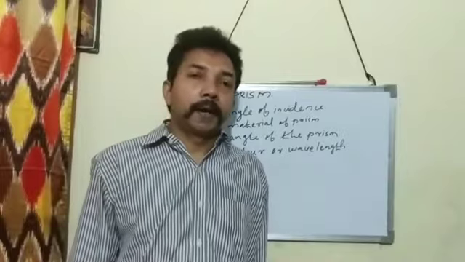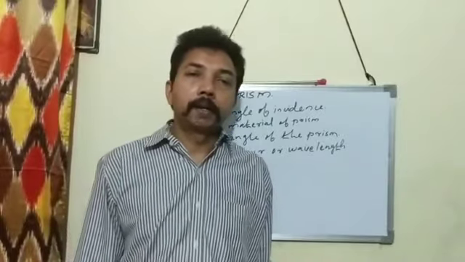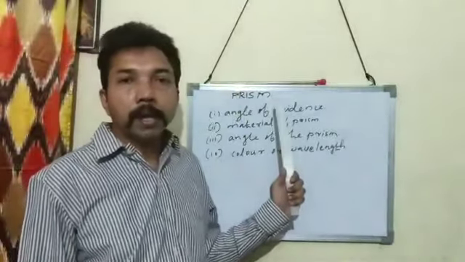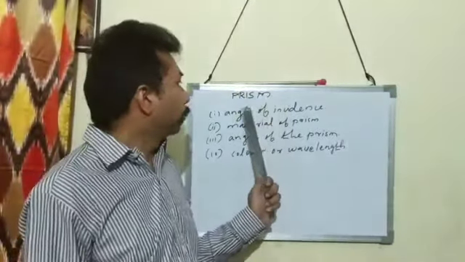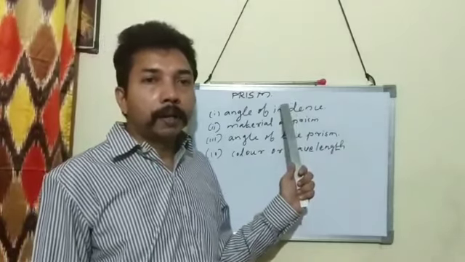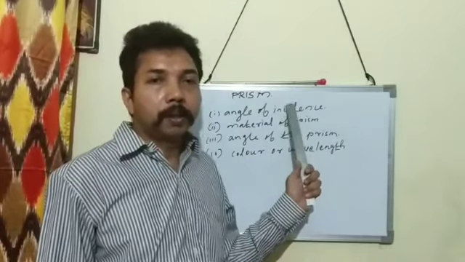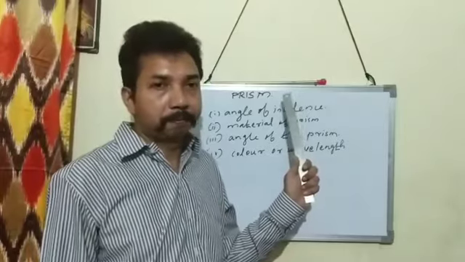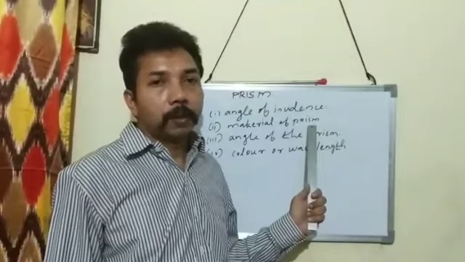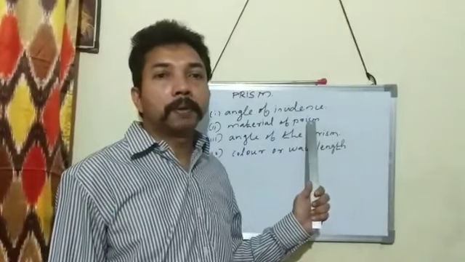What are the factors affecting the angle of deviation of a prism? First one is the angle of incidence, about which I have already told you with the graph. The next one is the material of the prism, meaning the refractive index of the prism.